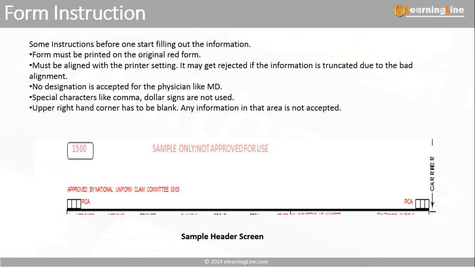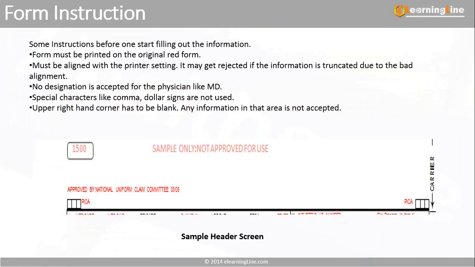You cannot have it in a different ink. As it says, it has to be the original red form. It must be aligned with the printer setting. It may be rejected if the information is truncated due to bad alignment. So if there is any cut on the print, lines are overlapping or any issues, and it's not a properly printed document, it will be rejected.